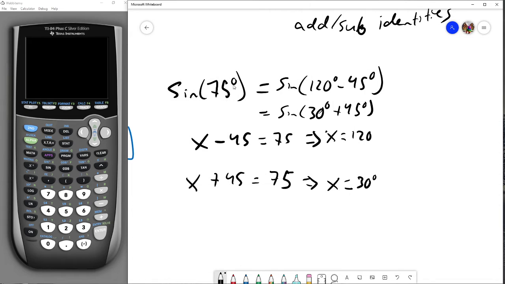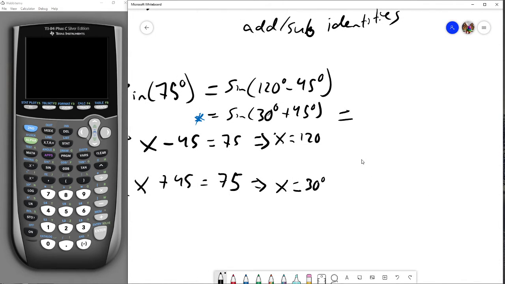Though I will say you probably saw the 75 and just thought, oh yeah, it's just 30 plus 45. But I just wanted to show two ways you could have thought about it. So I'm going to work it out this bottom way, simply because the numbers are a little smaller and everything is in quadrant 1. But it doesn't really matter.